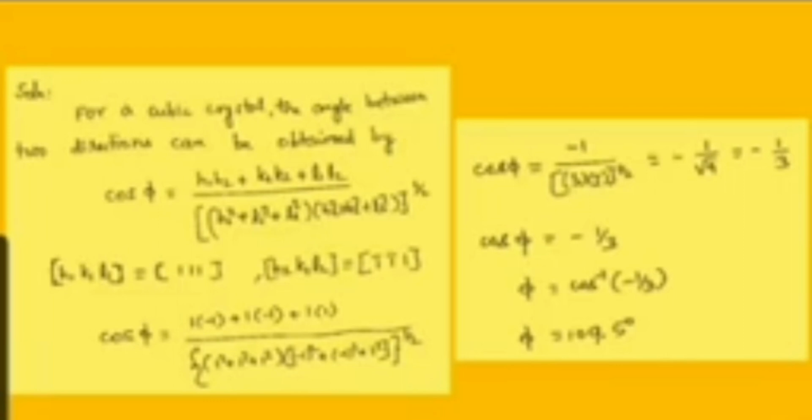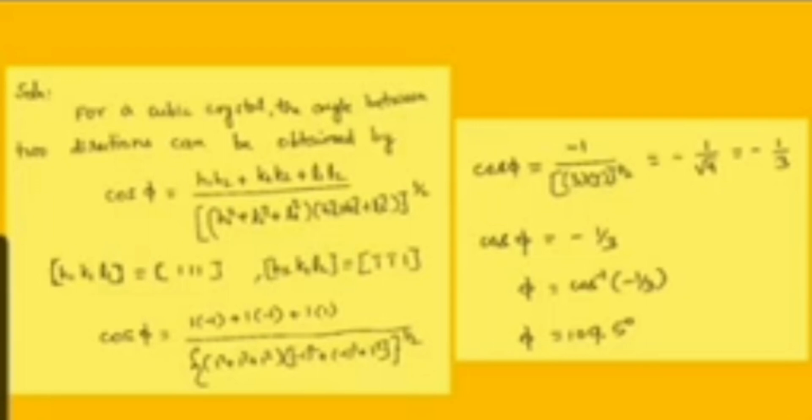Finally, cos phi will be equal to minus 1. If you multiply these things, what you get is minus 1, and this is minus 1, therefore minus 2 plus 1. So in the numerator we will get minus 1.